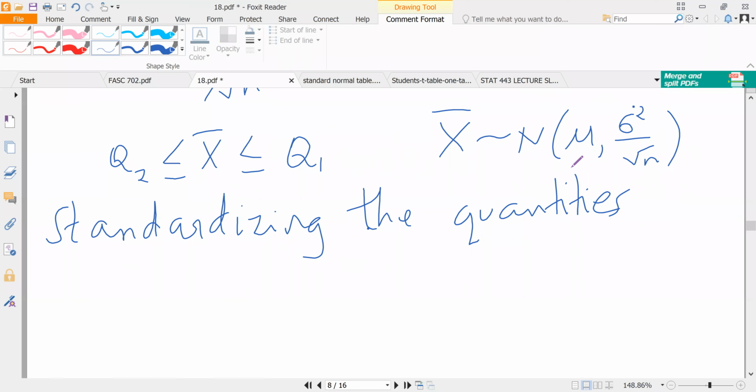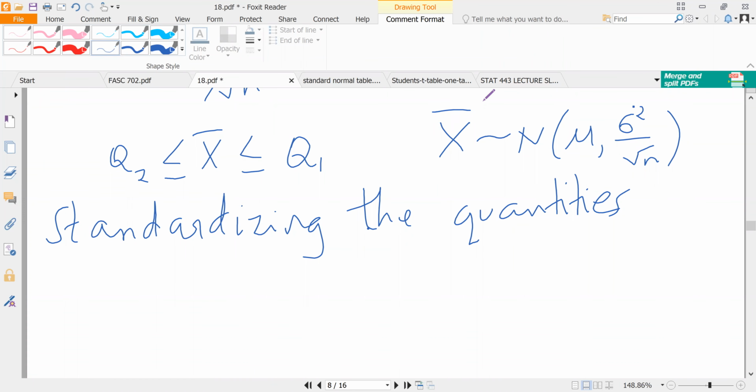They come from the same distribution and they are independent. That means that if X bar has this distribution, then Q1 and Q2 also have the same distribution with the same parameters. That is what we mean by independent and identically distributed.